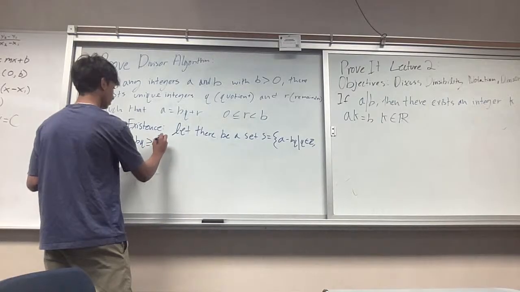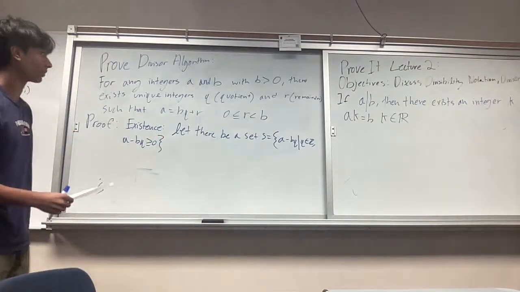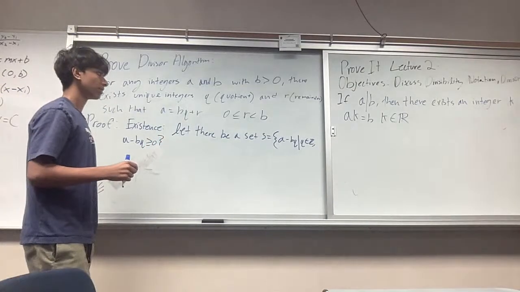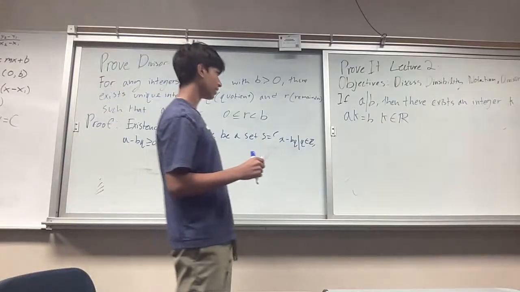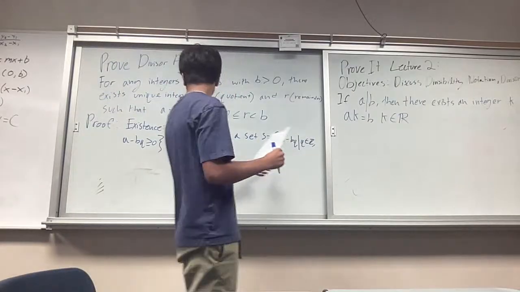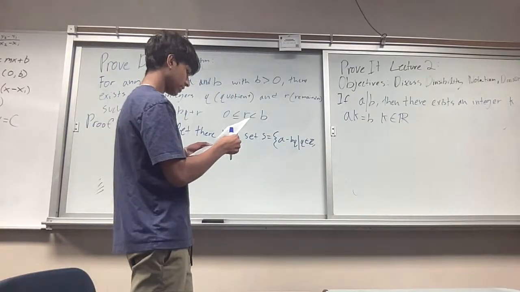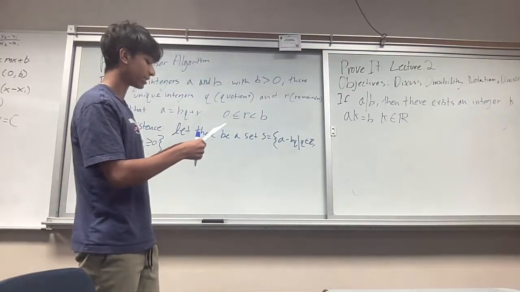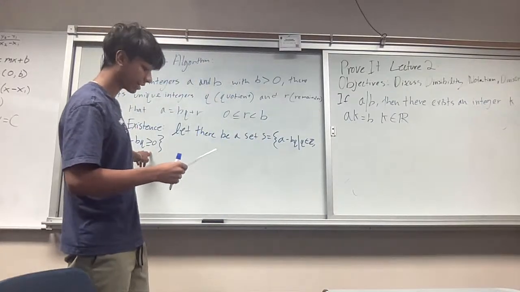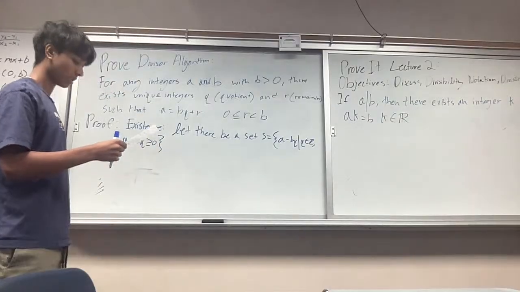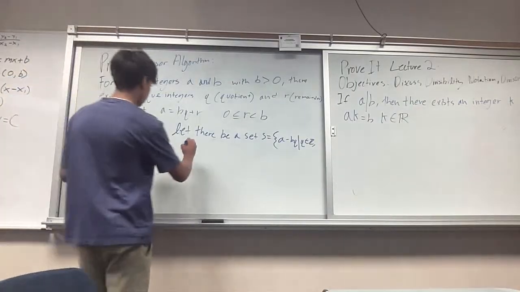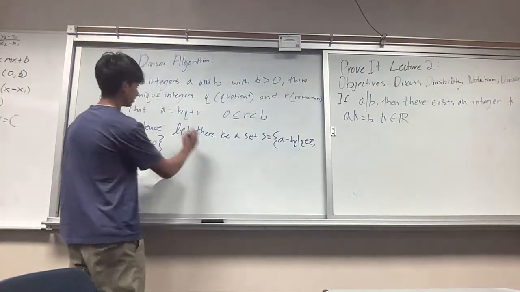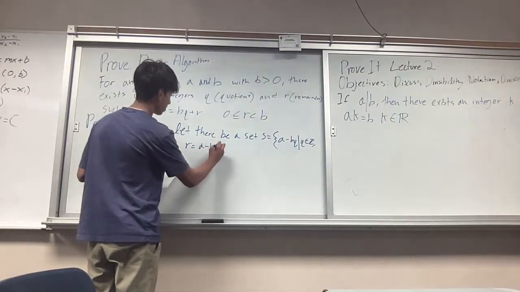Let there be a set S defined by A minus BQ for Q and B, where Q is real and A minus BQ is greater than 0. We have R equals A minus BQ.